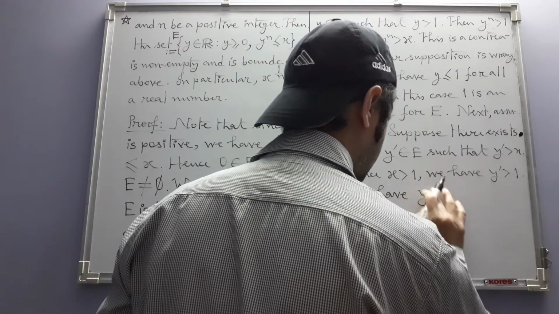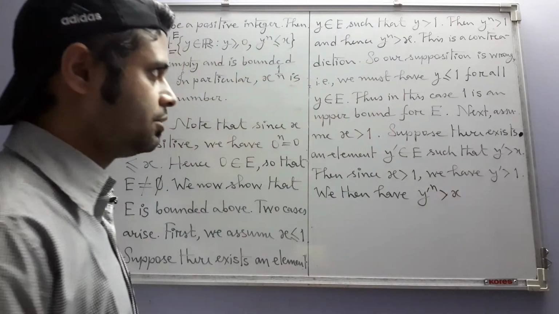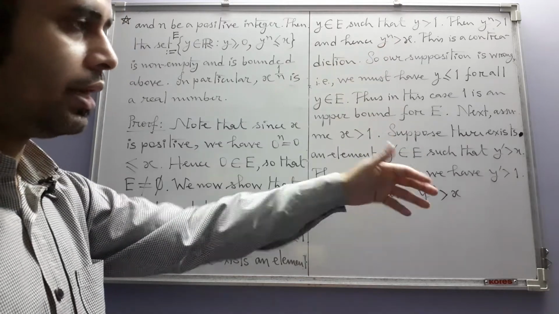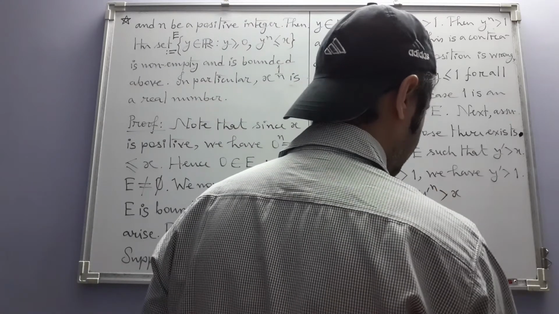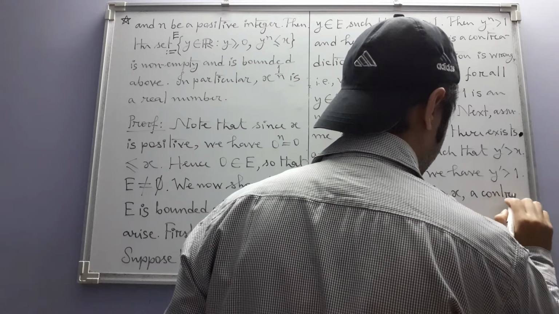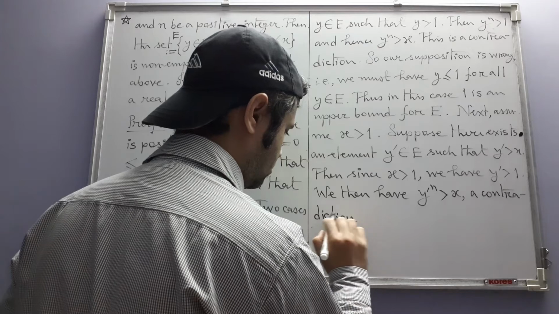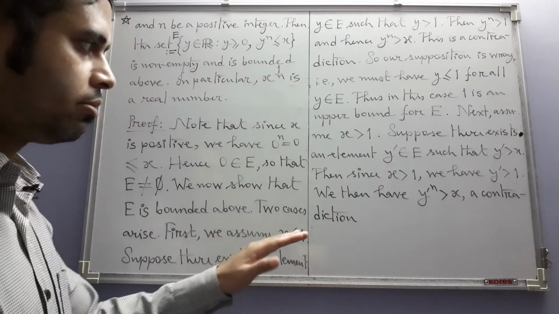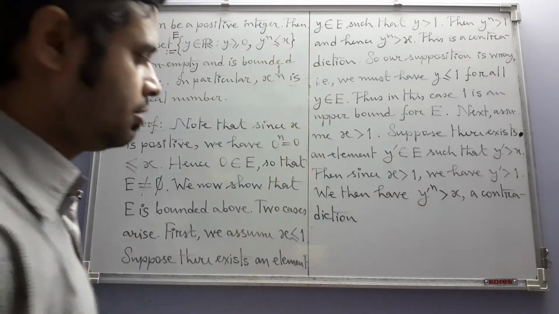These parts which we are just simply saying and not proving in detail are left to you because they are quite easy. This is greater than x, again a contradiction, because y prime being in E should have its nth power less than or equal to x, not greater than x.